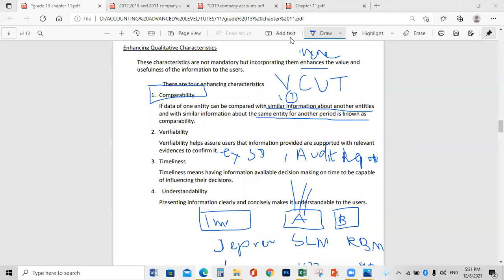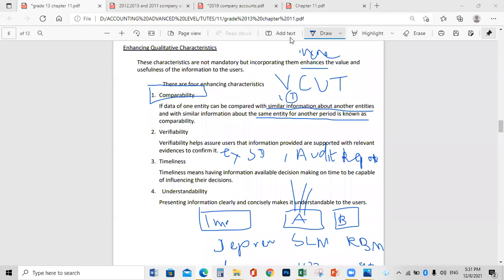Audit report means, one student is asking, what is an audit report? Audit report means there are people called auditors. After the accountants prepare the financial statements, these external people called auditors will come and check our financial statements to see whether they are prepared correctly, whether there are any frauds or mistakes.